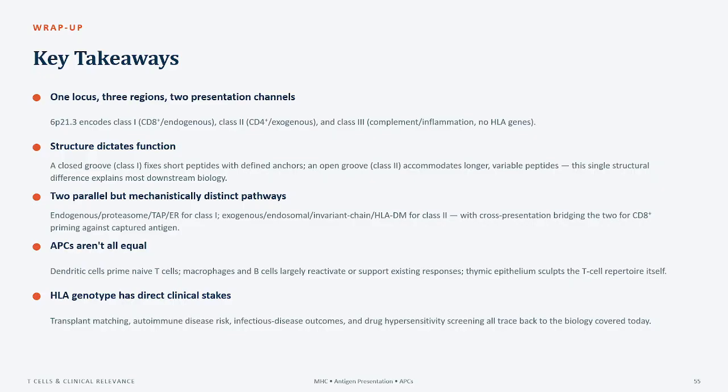APCs are not equal. Dendritic cells prime naive T cells, macrophages largely reactivate or support existing responses. Thymic epithelium sculpts the T cell repertoire itself, and the HLA genotype has direct clinical stakes.